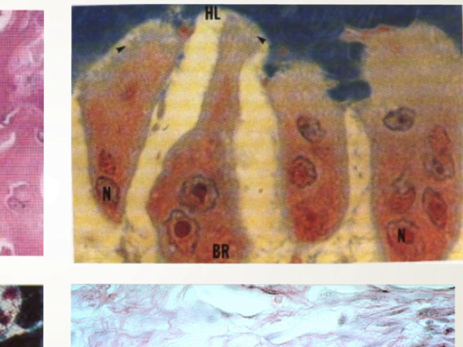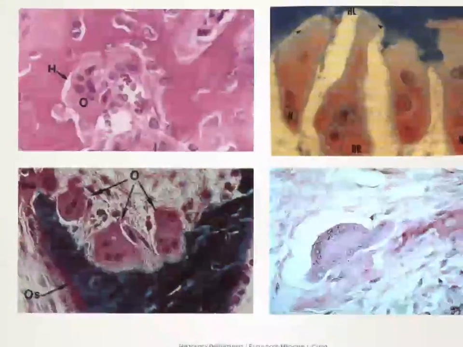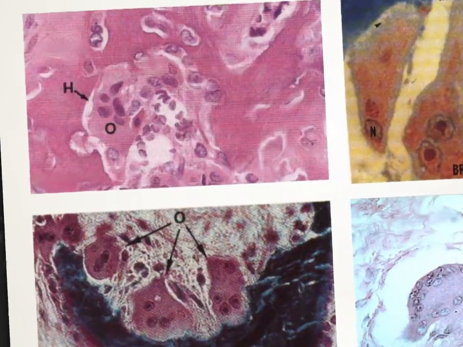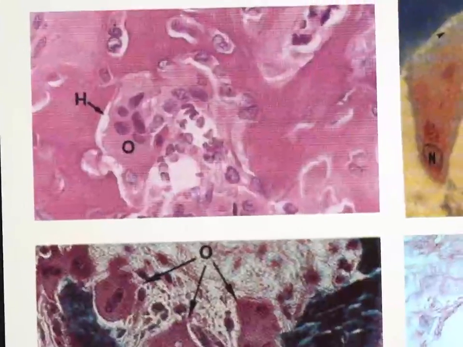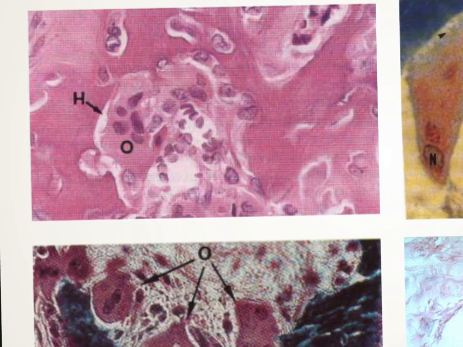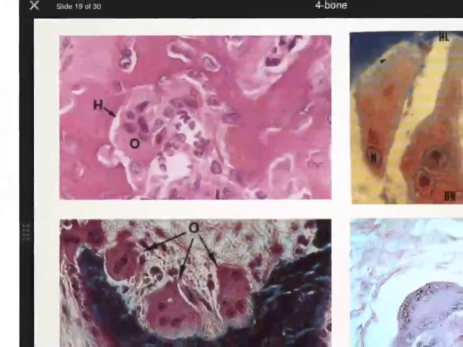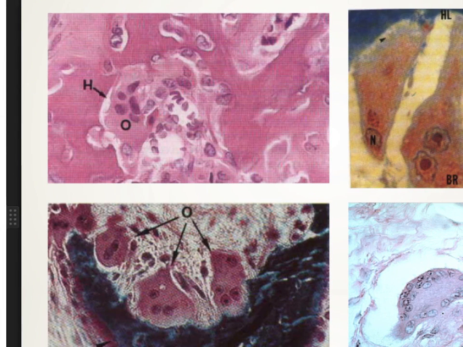After that, we have another picture. We'll see it here on the left side. On the left side, we also have the osteoclast. The cell is an osteoclast, characterized by being multinucleated, with acidophilic cytoplasm, and the space around it is called Howship's lacuna.